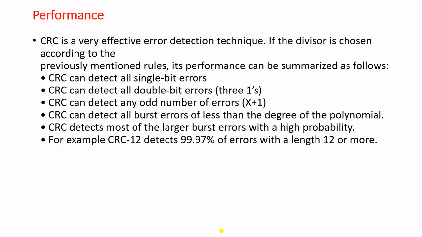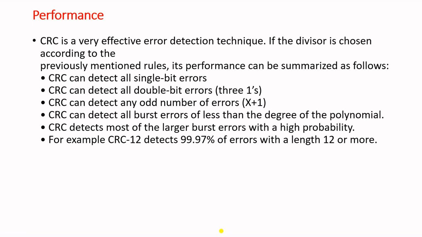Now the performance. CRC is a very effective error detection technique if the divisor is chosen according to the rules mentioned in the figure in slide 2. Its performance can be summarized as follows. CRC can detect all single bit errors. This is the beauty of CRC.